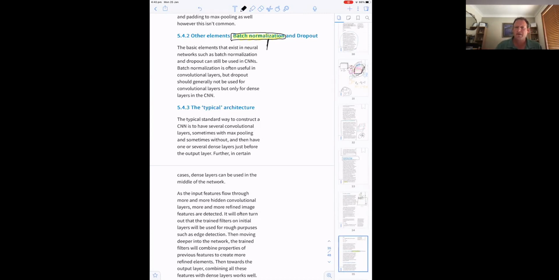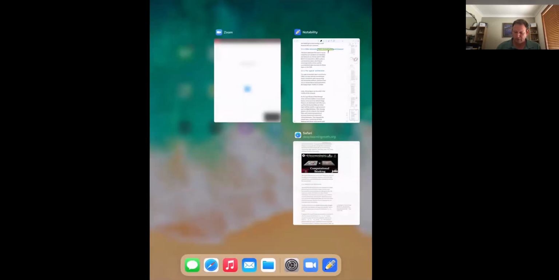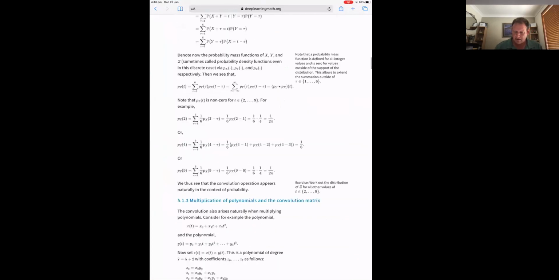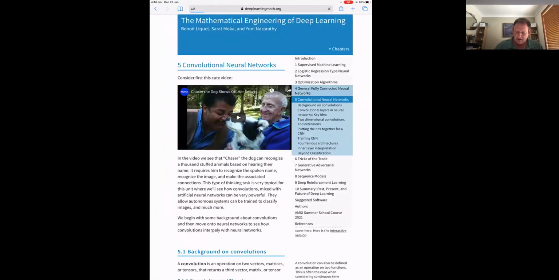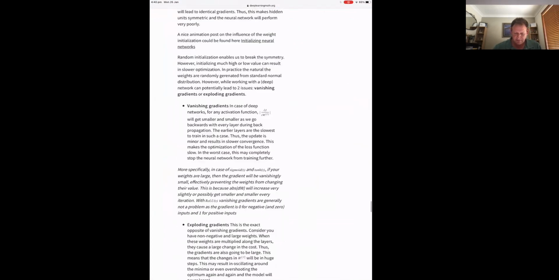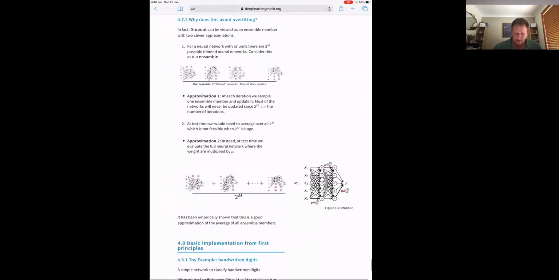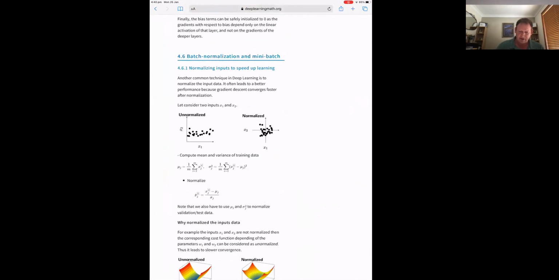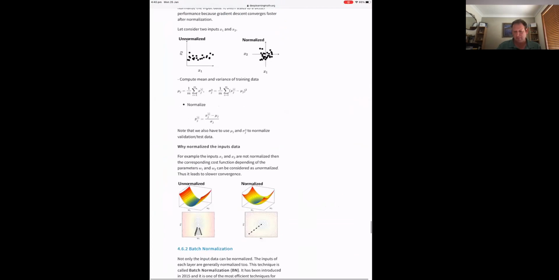Batch normalization is not specific to convolutional neural networks. It's for any fully connected networks, and it's in the notes here for Unit 4. If I'm not mistaken, Benoit just ran out of time and didn't get to batch normalization and mini batch. Mini batch is a different thing.